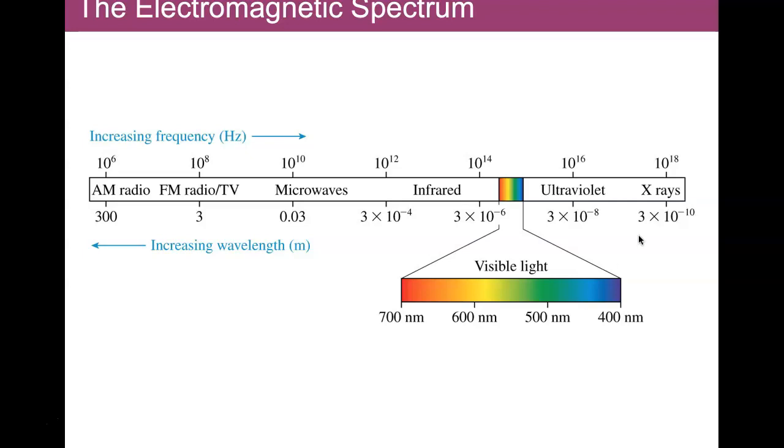And then, of course, it's part of a continuum. So we have ultraviolet radiation, infrared radiation, X-rays, microwaves, various radio waves. And it just happens that our eyes can see within a given range. So as the wavelength goes down, the frequency goes up.